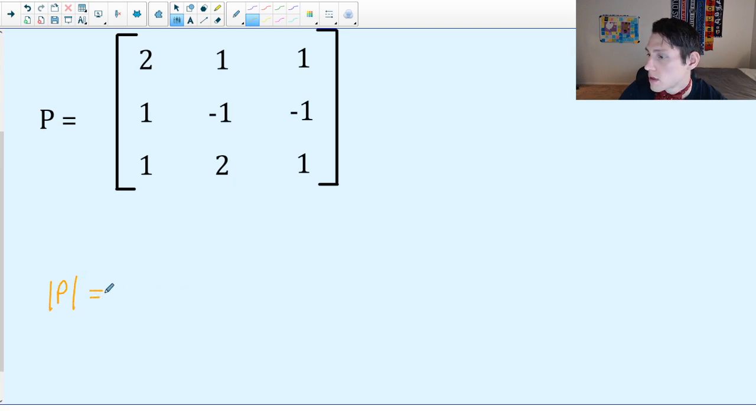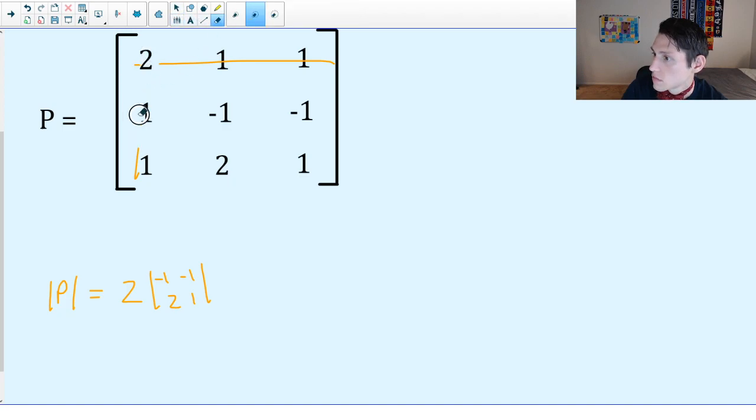So we have our little formula, our pattern, which is start here. So 2. And we imagine if we get rid of that row and column, so these 4, -1, -1, 2, 1. And then minus, even though this is a positive 1, the formula just has a minus here.